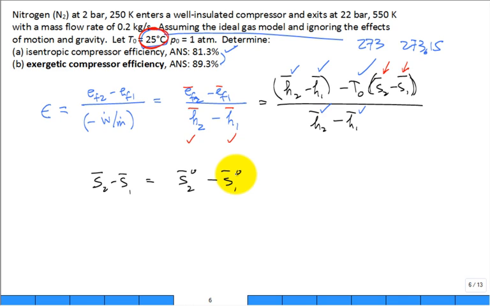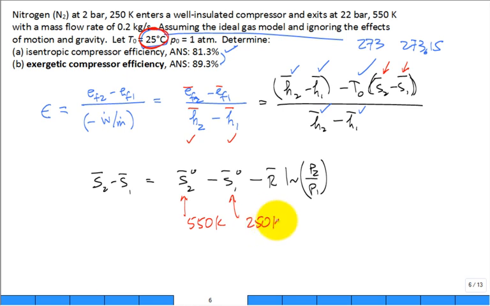I grade exam after exam. This will be where they stop writing that equation. But where does the equation end? So this was evaluated at the temperature 550 Kelvin, and this was evaluated at the temperature of 250 Kelvin. And you can then calculate this exergetic efficiency, and it's 89.3%.